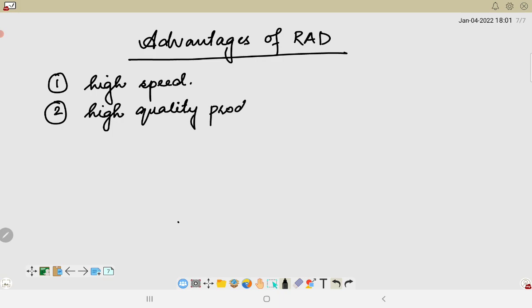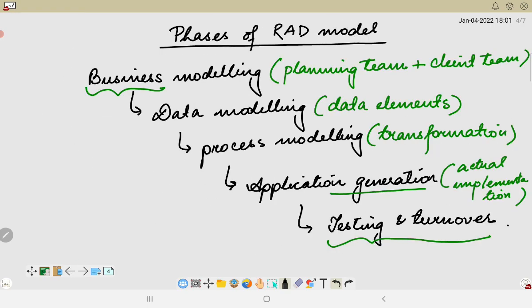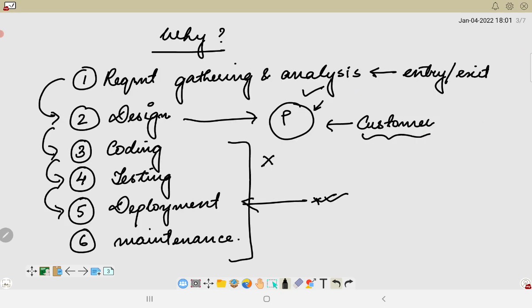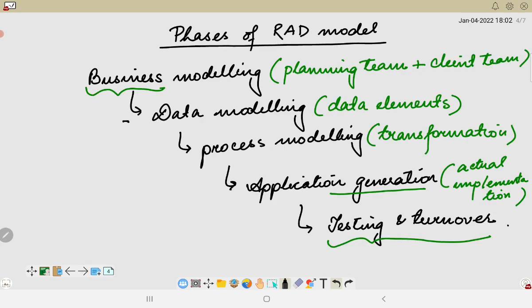And how does this model do it? Because it regularly involves users in the whole life cycle, and each prototype is reviewed by the user. That helps in identifying any major issues. So once the business modeling is done, before it goes to the design and the data modeling stage, it is actually reviewed by the user once.